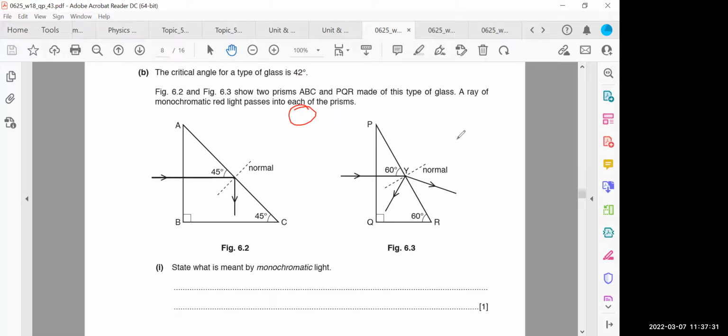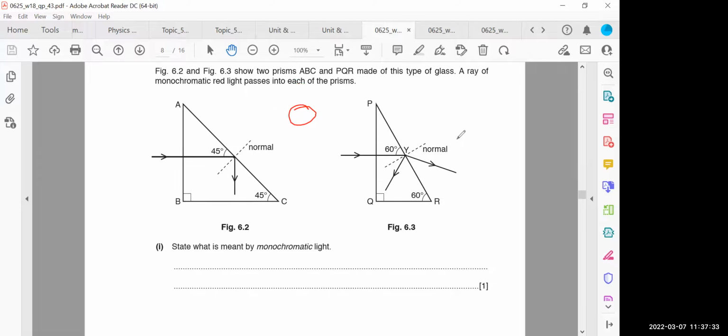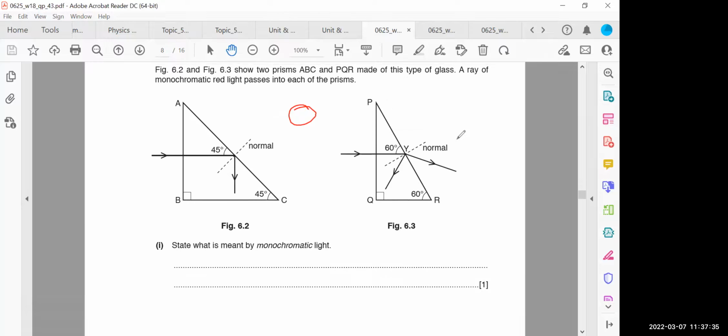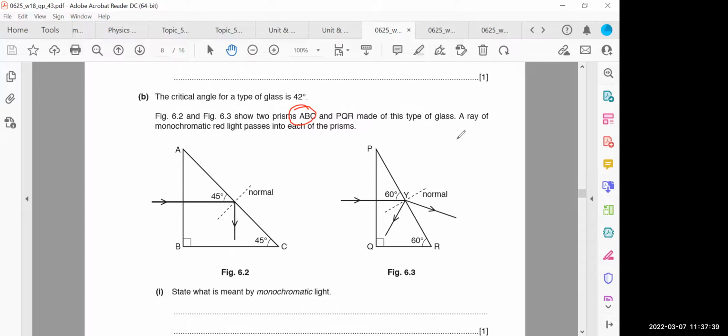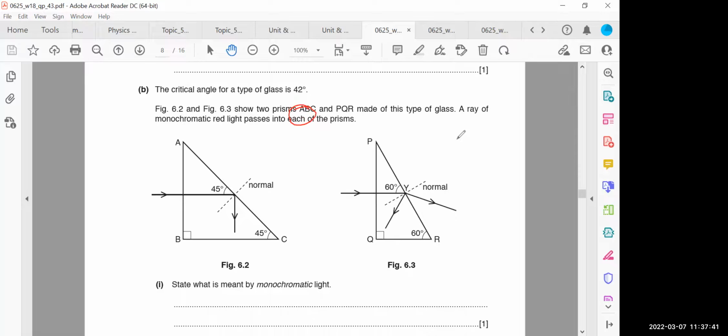Now remember that the critical angle is 42 degrees, given. Pahel, in the prism ABC, what phenomenon is taking place here?